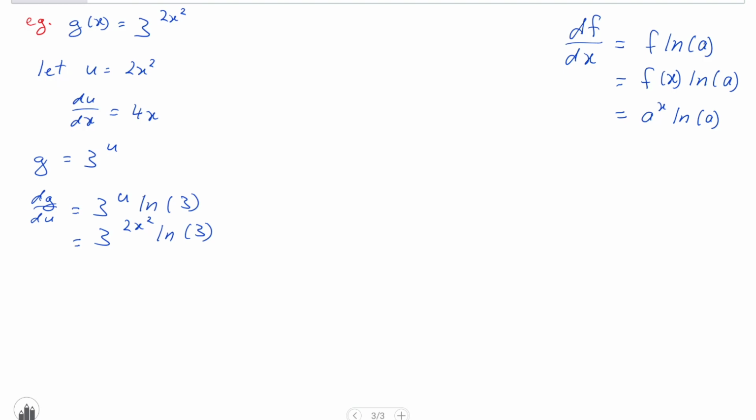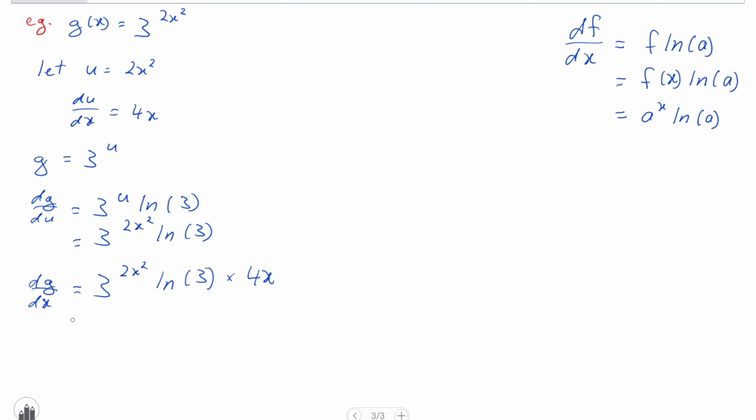And now we're going to need to put the chain rule together. We're working with our function g, so dg by dx is equal to what? dg by du, that's 3 to the power of 2x squared times the natural log of 3, times du by dx over here, so times 4x, just like that.